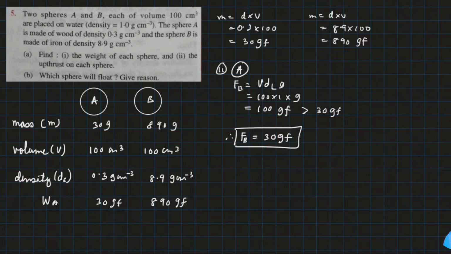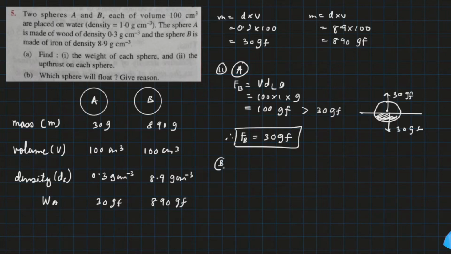That means sphere A will start sinking in water. The moment it receives 30 gram force, it will stop sinking and it will start floating. So sphere A is going to float with a part of it inside water, and that much part is giving it 30 gram force of upthrust, which balances the weight, that is 30 gram force downward.